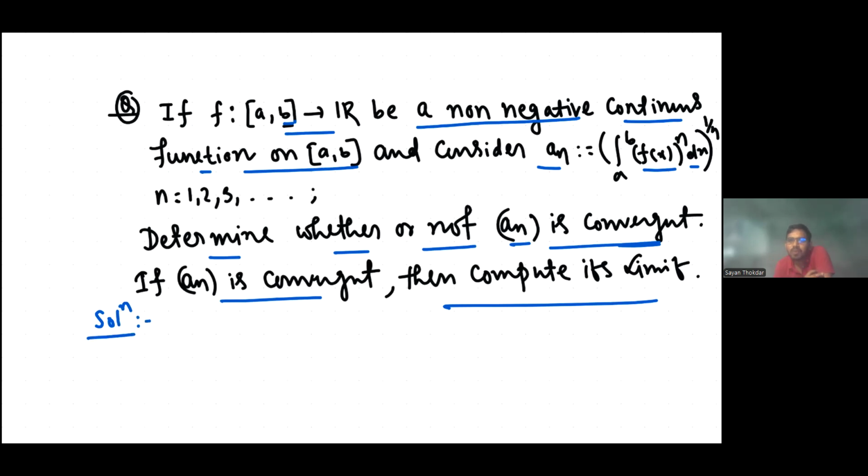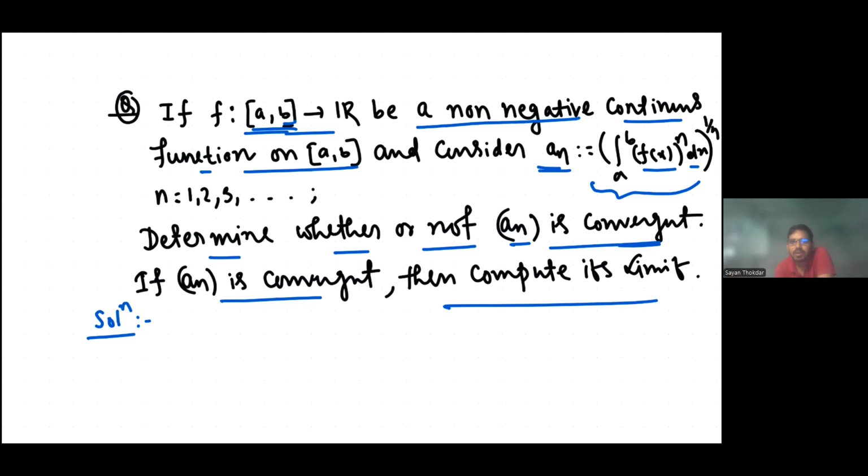First of all, we have to ask whether this type of sequence exists or not. Existence of the sequence means that this integral exists. Why does it exist? Because f is a continuous function over the closed interval [a, b], and every continuous function over a closed interval is Riemann integrable.